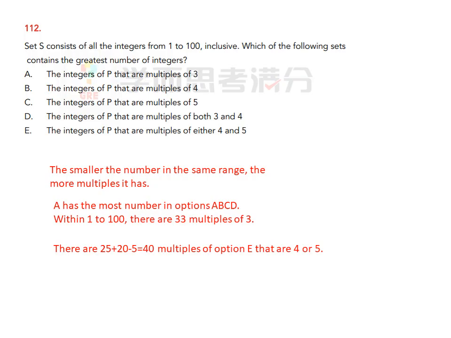So how have we found it? 100 divided by 5 equals 20 and 100 divided by 4 equals 25. And we take the difference for the overlap, that is 5, and we get 40 multiples. So our answer will be option E.